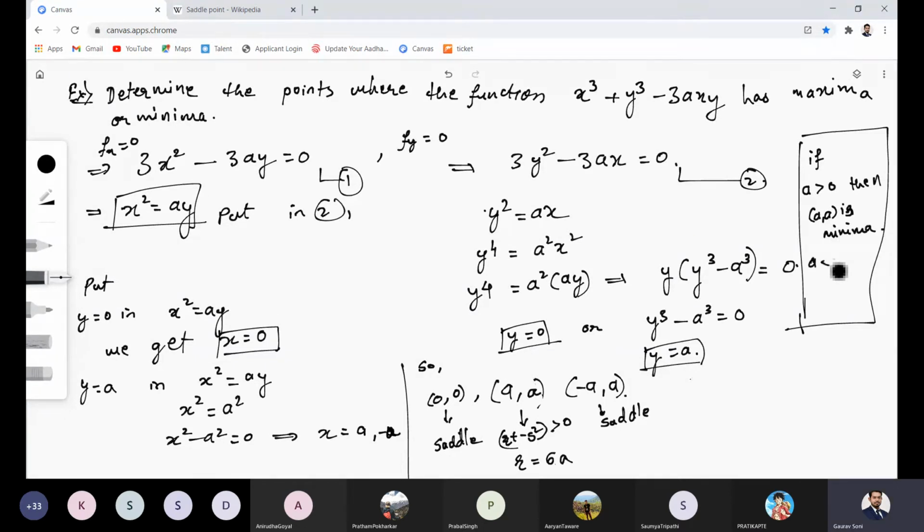If a is less than 0, then a is having a maximum. Fine.